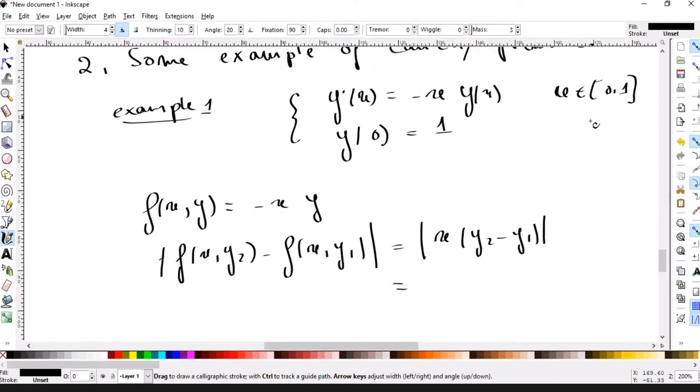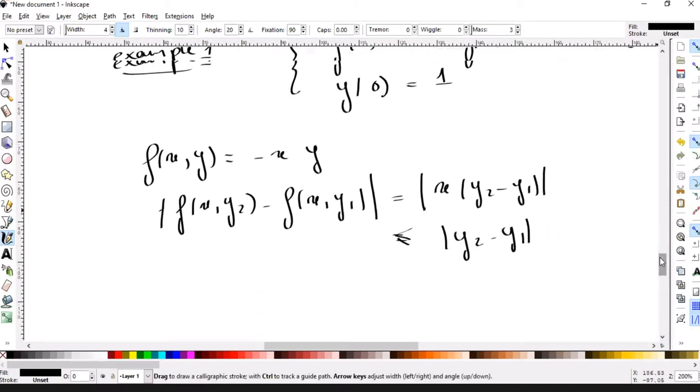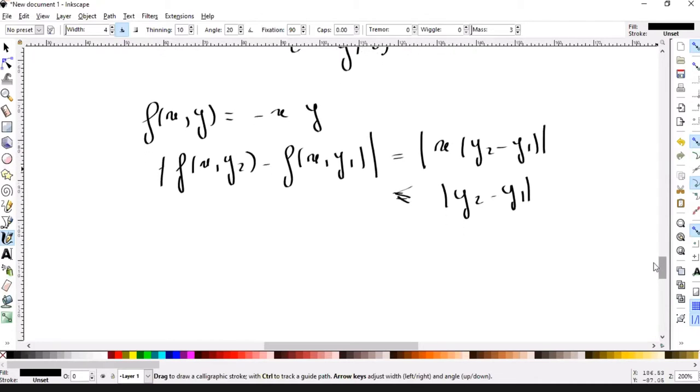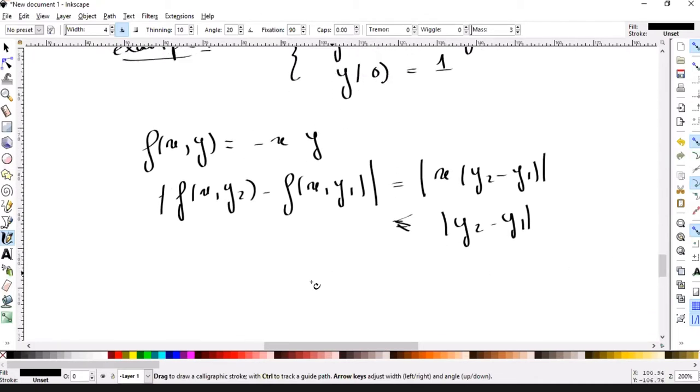And because x is bounded, this is inferior or equal to y2 minus y1, because the maximum value of x is 1. All right, so this is a Lipschitz function with respect to its second variable. So a unique solution exists here.